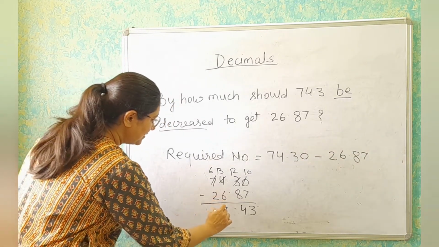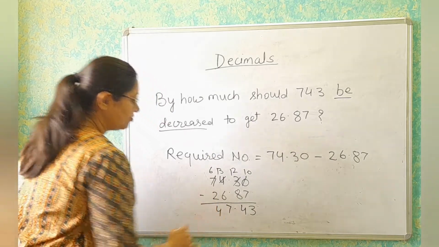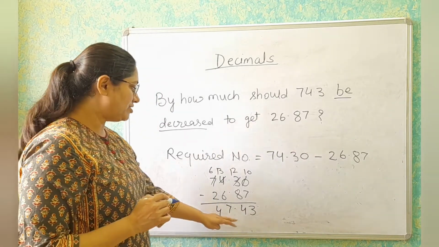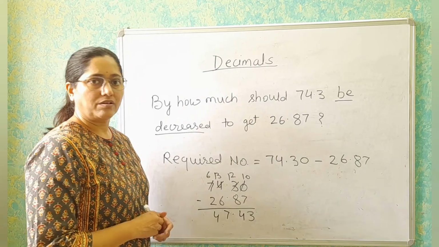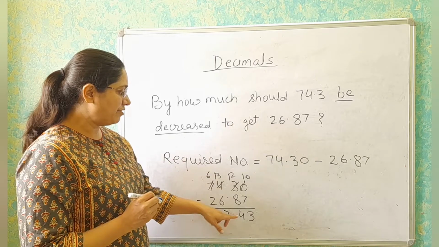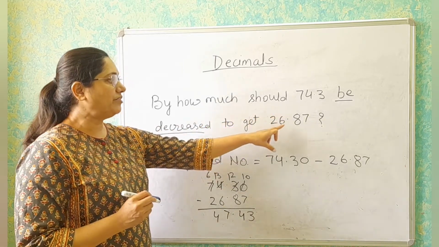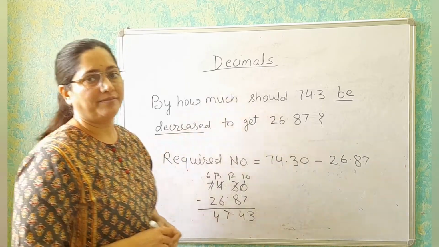Minus 6, then this is 4. So our answer is 47.43. So we can say that if we subtract 47.43 from 74.3, then it will become 26.87.